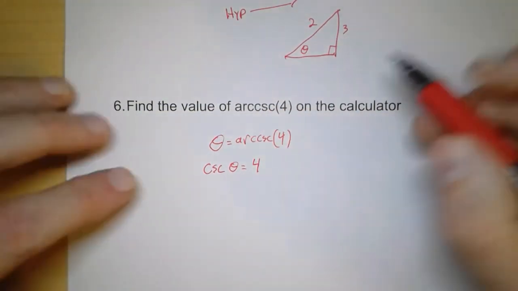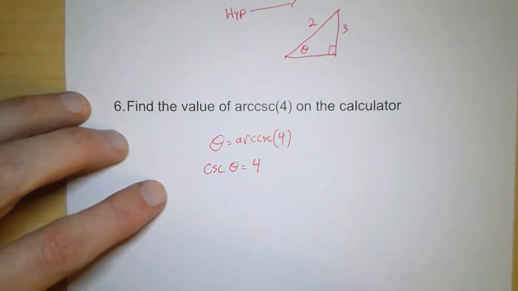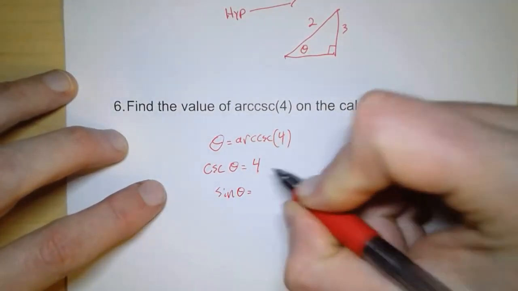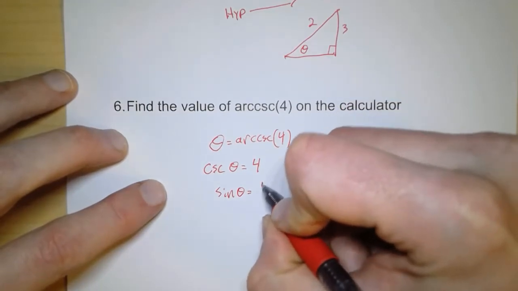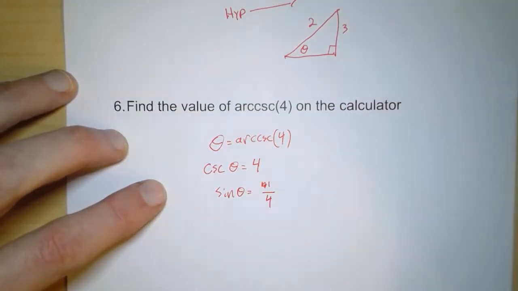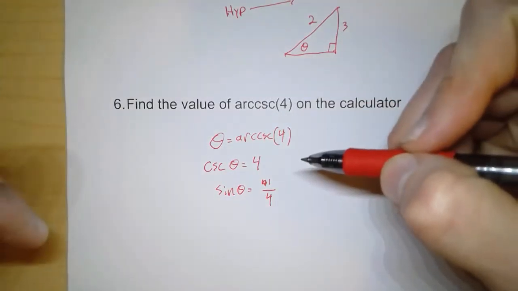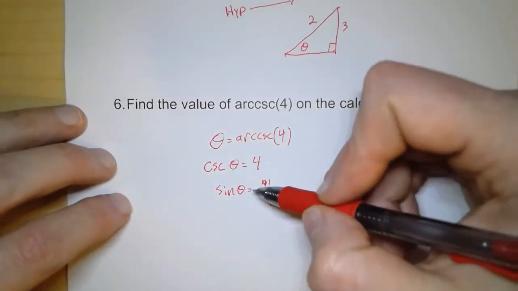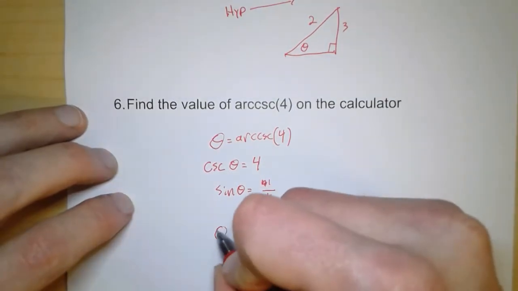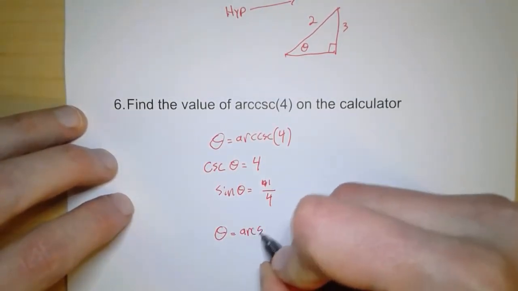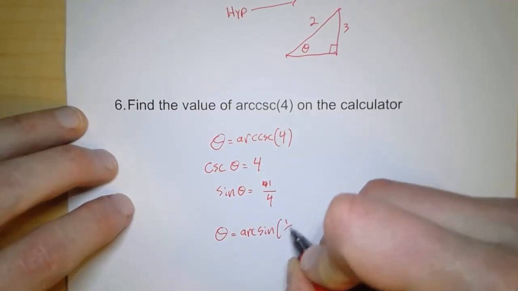Well, cosecant is related to sine. And so if cosecant is 4, then sine is 1 over 4. Now theta hasn't changed. And that's the key thing. The ratio has changed, but the angle has not. So I can find theta by taking arc sine of 1/4.